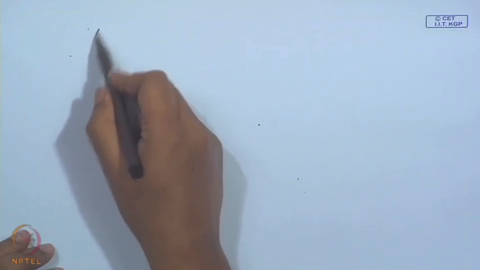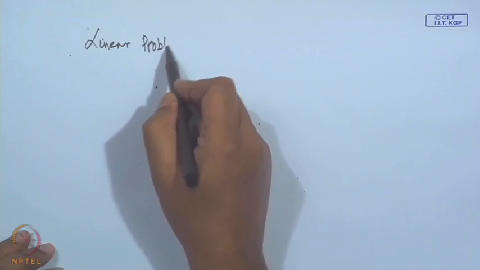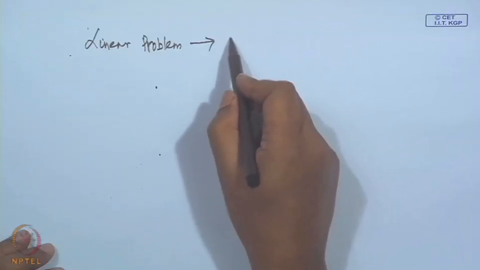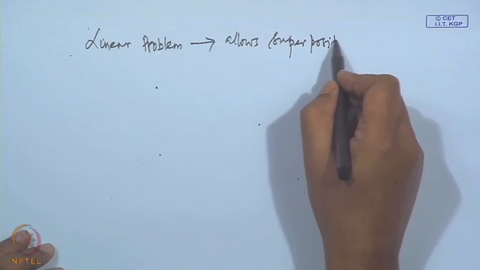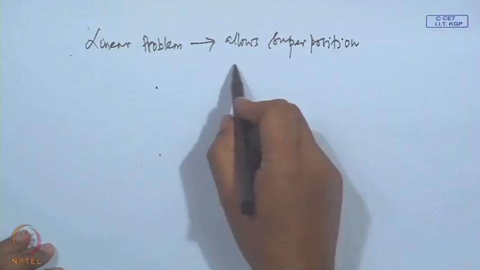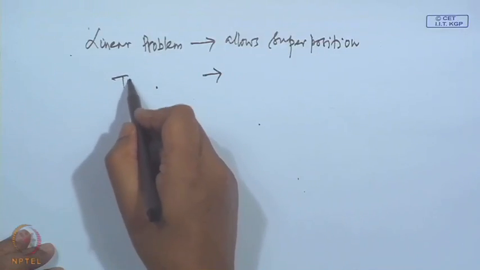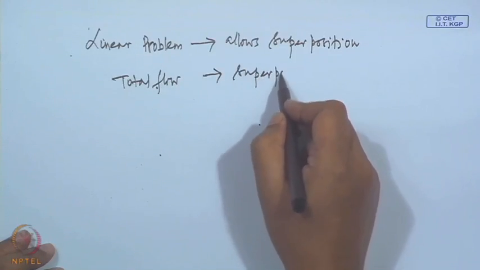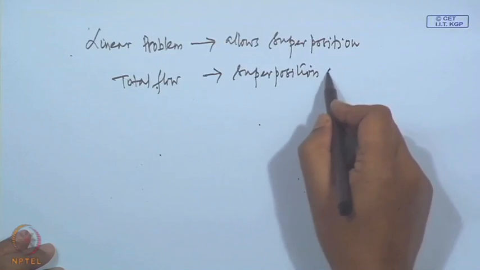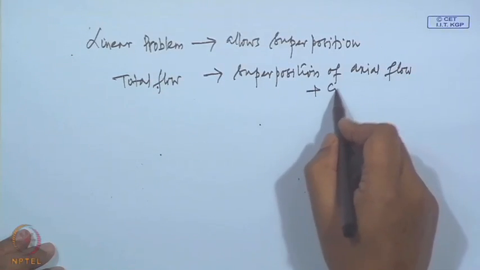So, the problem is linear, which allows superposition, and the total flow is a superposition of axial flow plus cross flow.